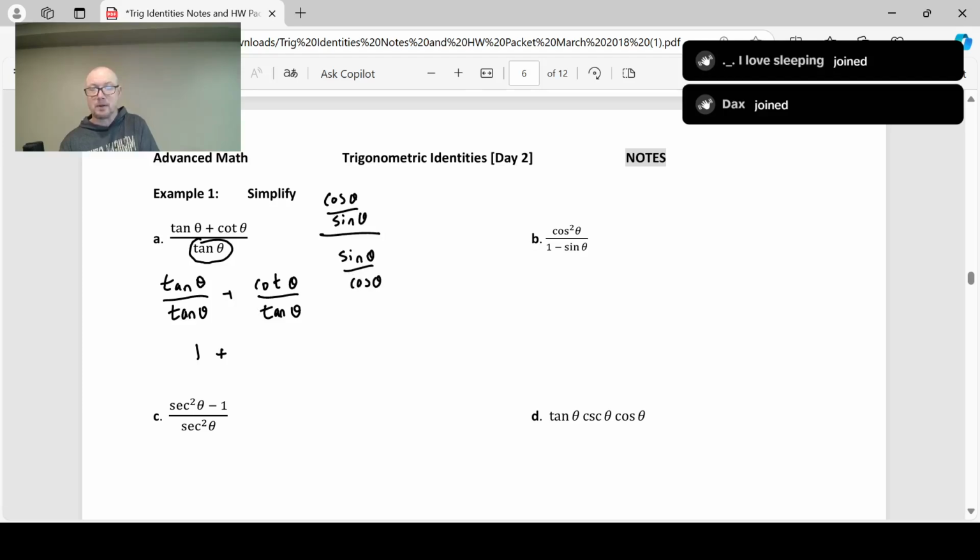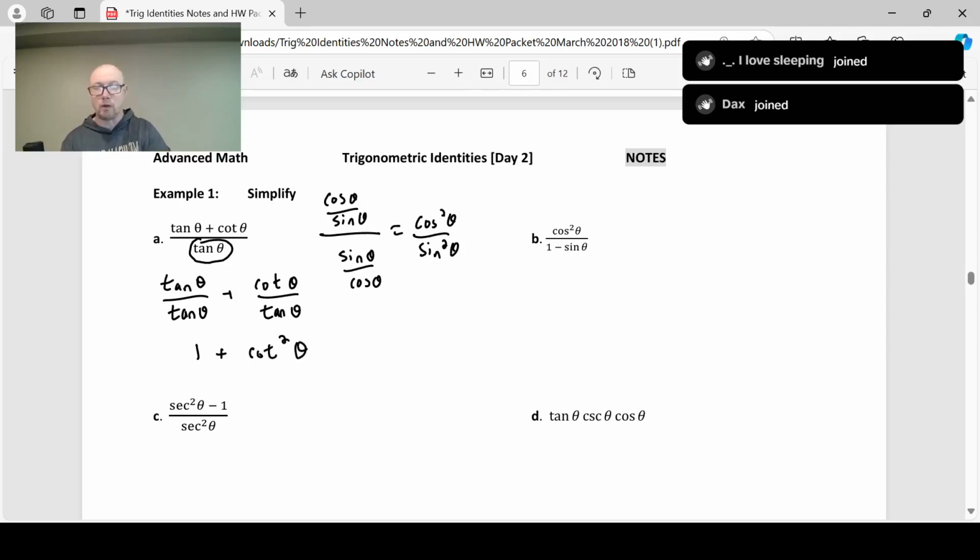If you multiply by the reciprocal, you're going to get cosine squared theta divided by sine squared theta, which is equal to the cotangent squared theta, because we have cosine over sine, which is cotangent, but we're squaring it. So this would be cotangent squared theta.